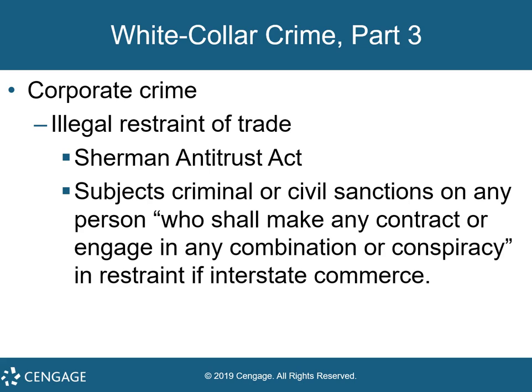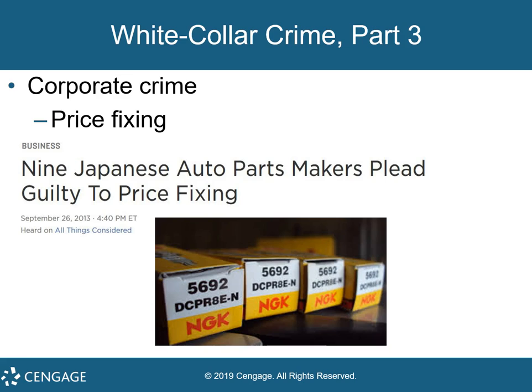That's the Sherman Antitrust Act, but this is illegal restraint of trade. There's price fixing. Here you can see an article where 9 Japanese auto part makers pled guilty to price fixing, or price gouging, if you will. So you can see all of the different types of things that fit in here.